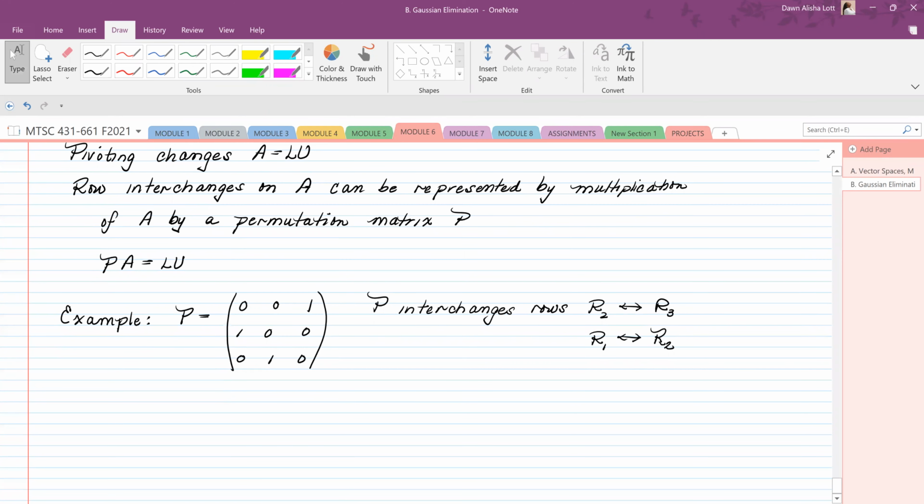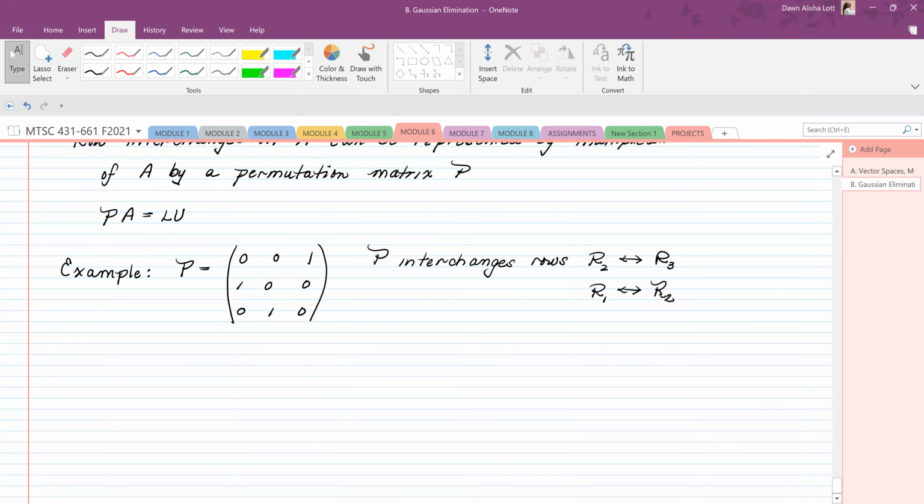Okay, so AX equals B can be solved without row interchanges.